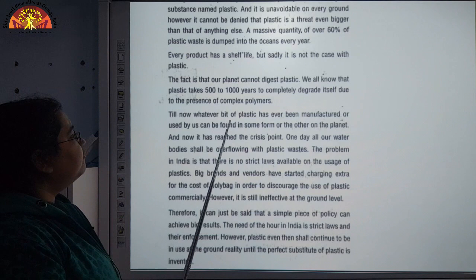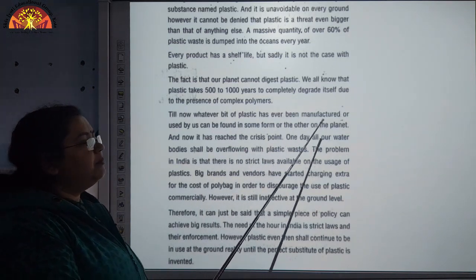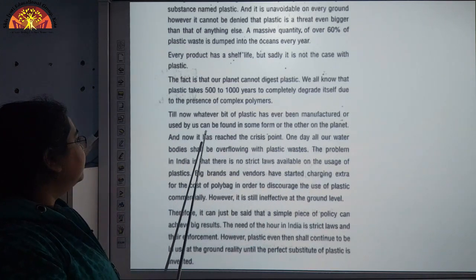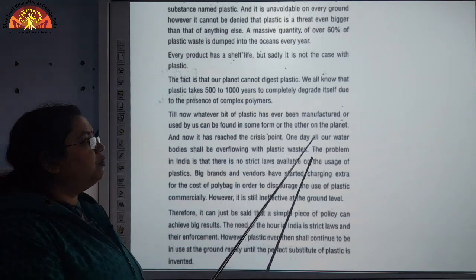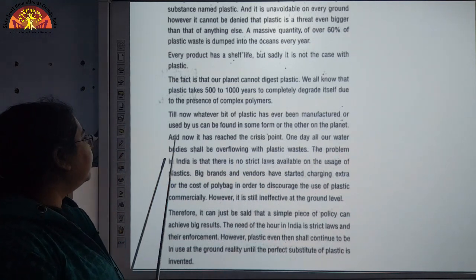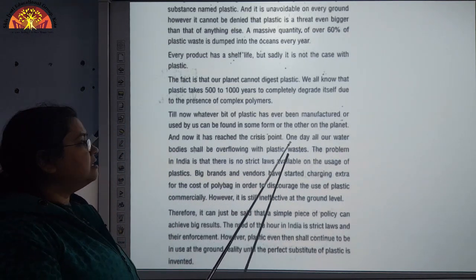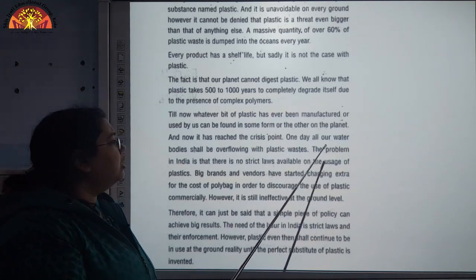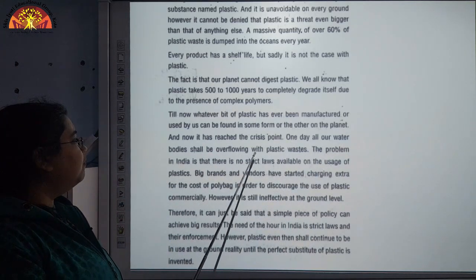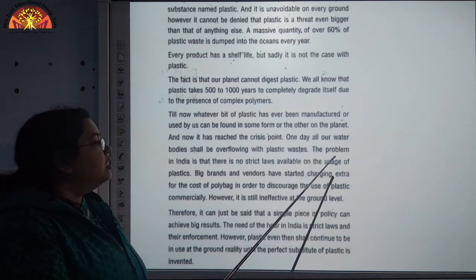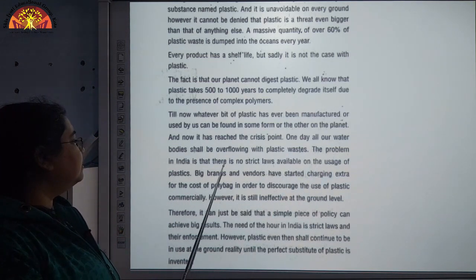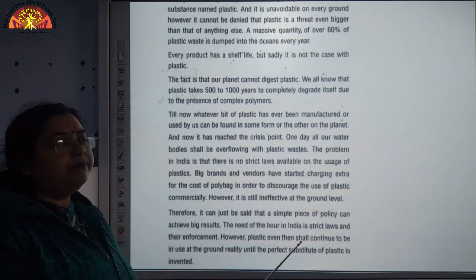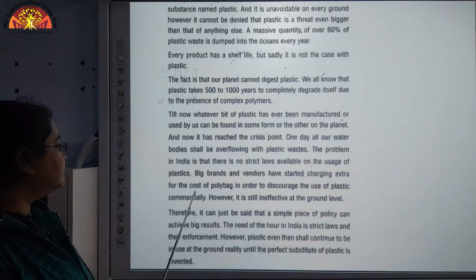Till now, whatever bit of plastic has ever been manufactured or used by us can be found in some form or the other on the planet, and now it has reached the crisis point. One day, all our water bodies shall be overflowing with plastic waste. The problem in India is that there are no strict laws on the usage of plastics.